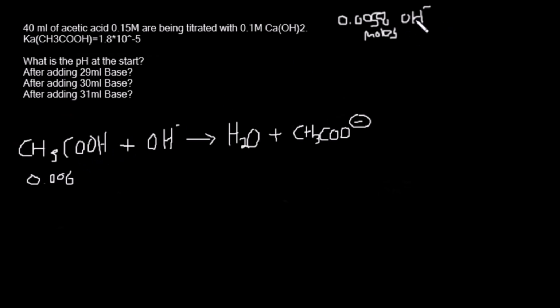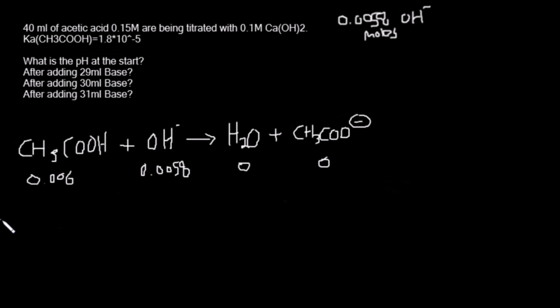And how many moles of OH minus did we add? Right here we wrote it, 0.0058. And of course here, we don't have anything. So what you're gonna do, you're gonna look at which one you have more of. Of course, you have more of the acetic acid.